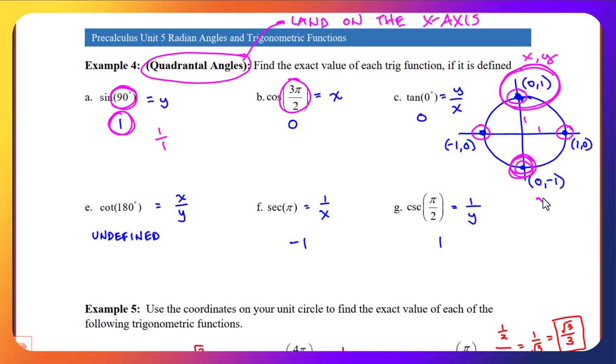And again, this is x, this is y, and the hypotenuse, or the r value, is 1. And cosine is the x here, and so that's just 0. Let me jump to E, so you'll do these three on your own.